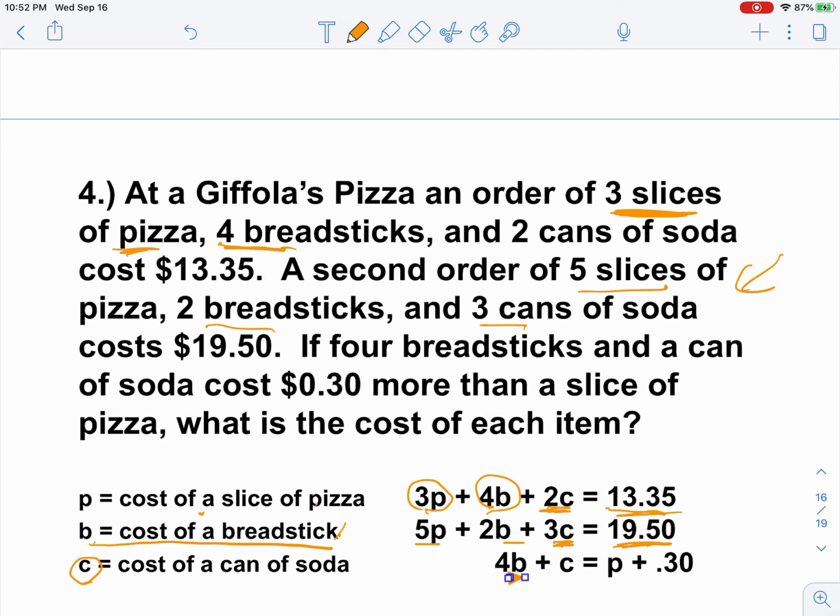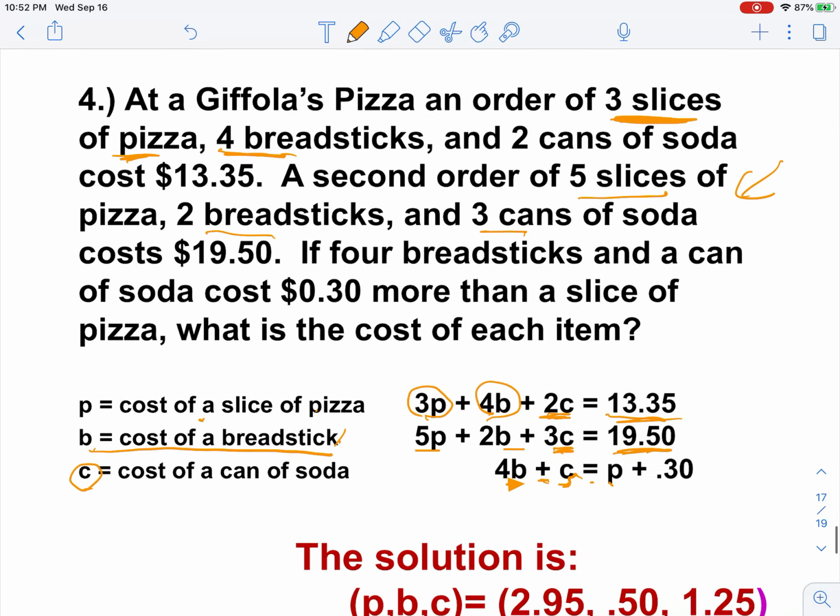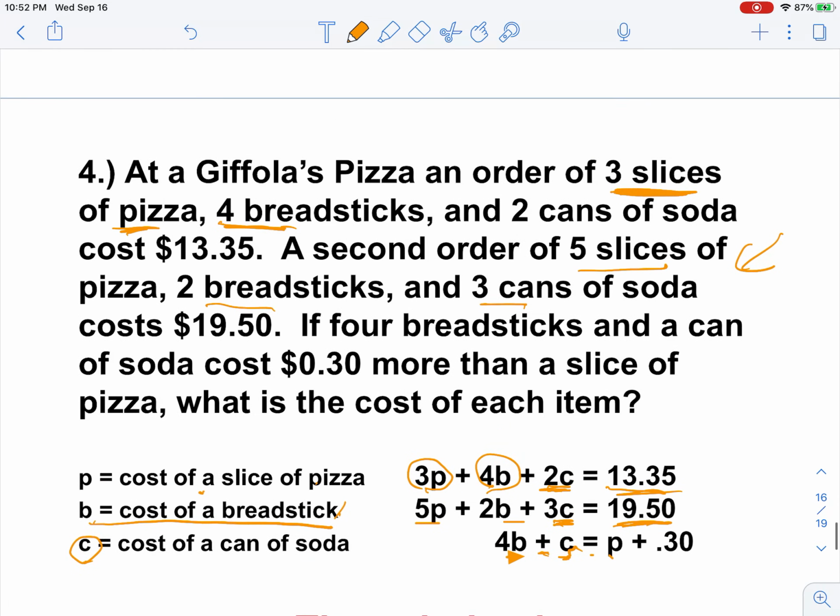So 4 times the cost of breadsticks plus 1 can of soda is 30 cents more than a slice of pizza. So we put an equal sign, put 1 slice of pizza plus 30, and those things are supposed to be equal. So what I've done is create 3 equations with 3 variables that I'd like you to solve.